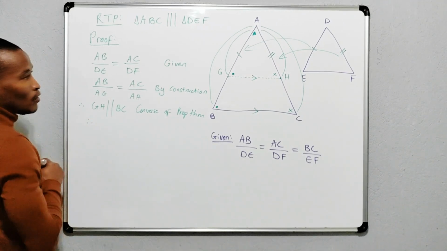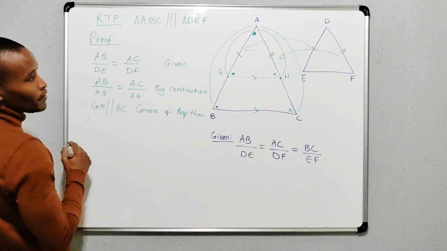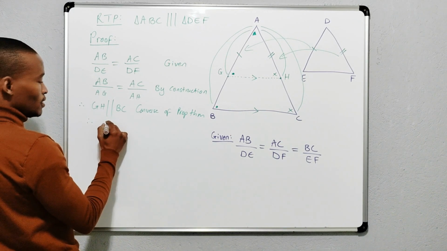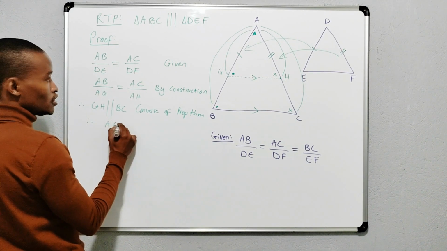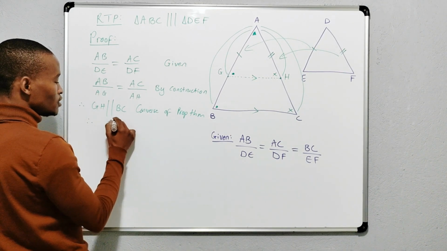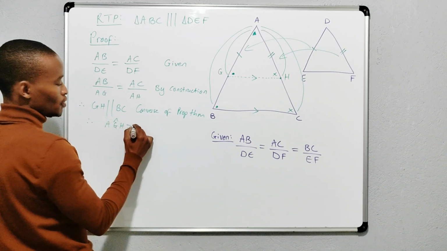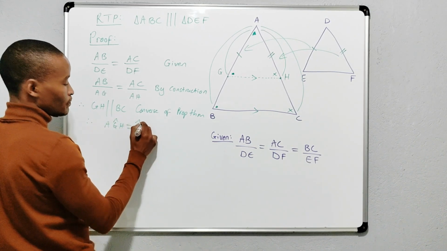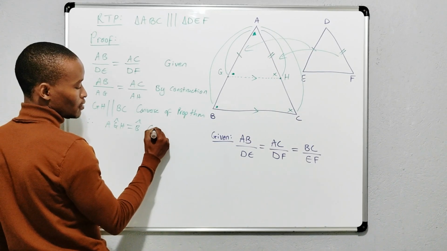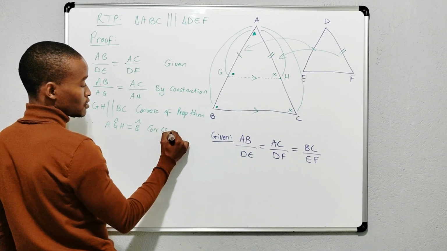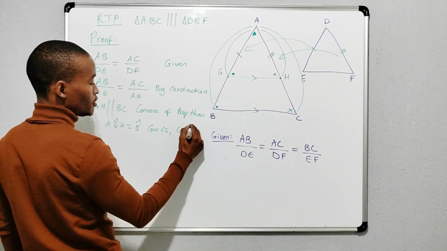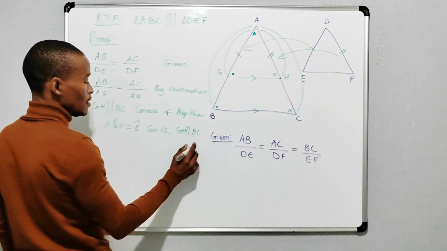So, therefore, what do we have? Angle AGH is equal to angle B, corresponding angles, GH is parallel to BC.